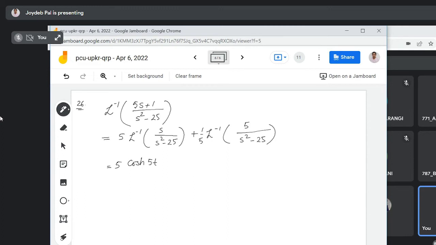And 5 by (s square minus 5 square), Laplace inverse ये क्या होता है? So sinh 5t.